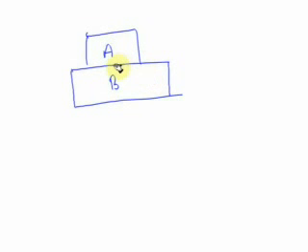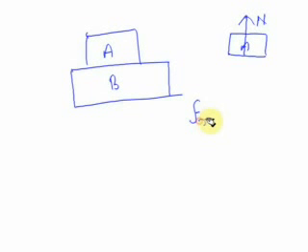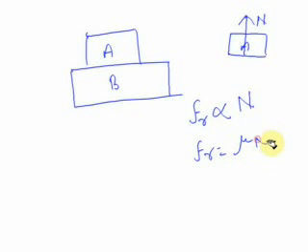So since these two blocks are in contact, the normal force acting on block A will be perpendicular to the surface, that is in this direction, and the value of friction force Fr will be proportional to normal force, and we can write that Fr is equal to mu n, where mu is called coefficient of friction.